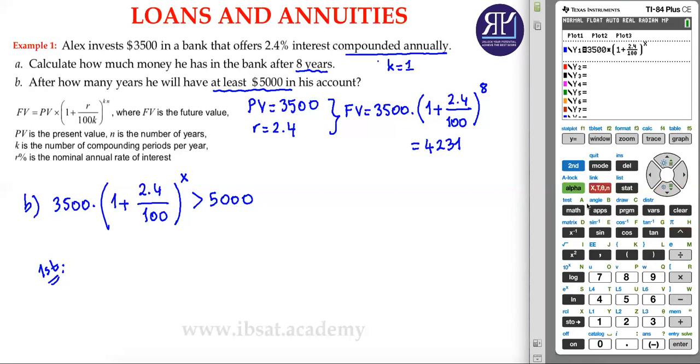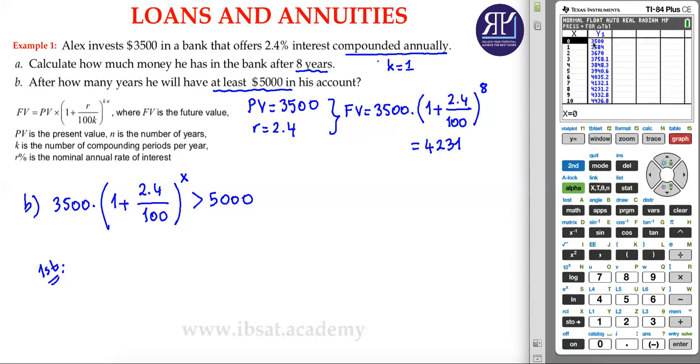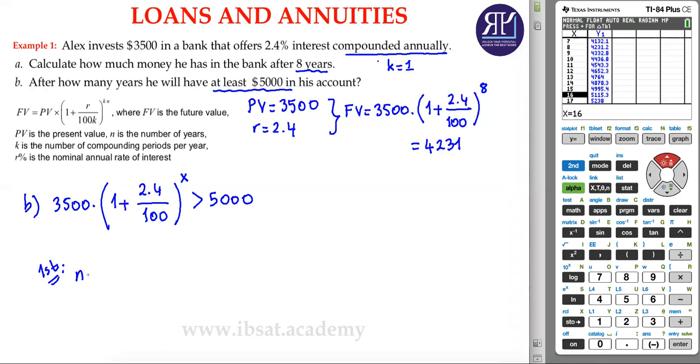Then we need to find when this money, which we wrote as a function in Y1, passes 5,000. For this, we go to second graph, the table part, and going down using the button we find, yes, you see, at 16, when x is equal to 16, it first passes 5,000. That's why our answer using this method is 16 years.